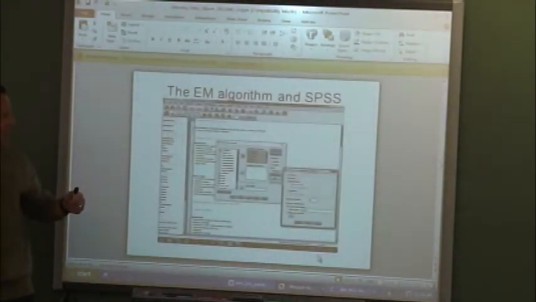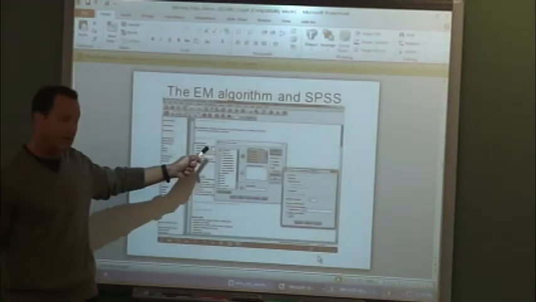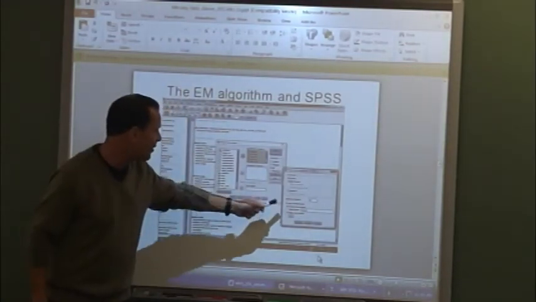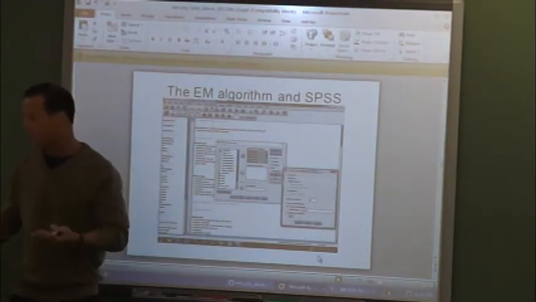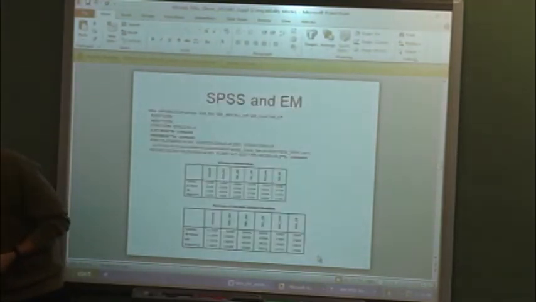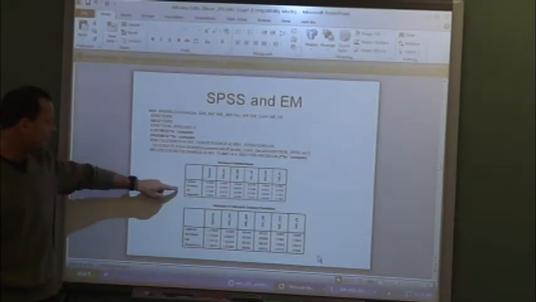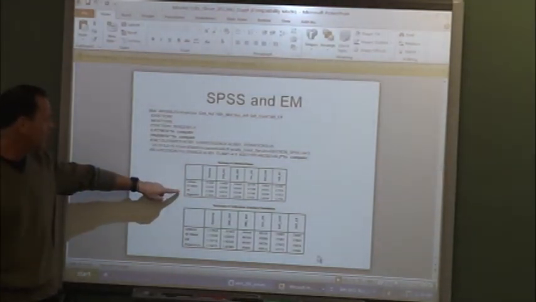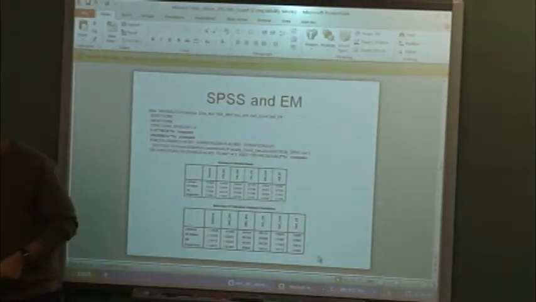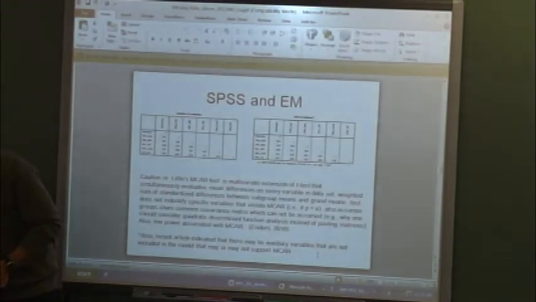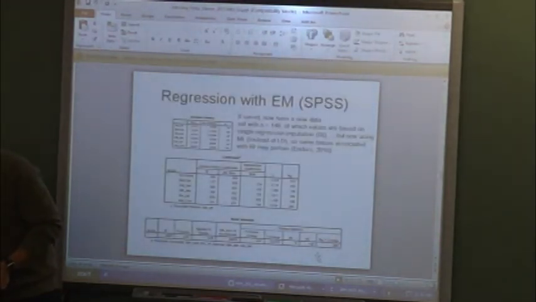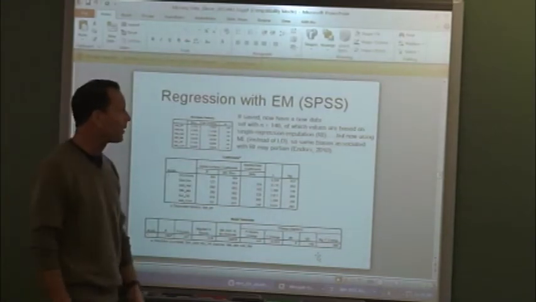SPSS, though, does have a missing value analysis. It's got the EM algorithm, and you can save a database. And literally, everybody, the database will have, here's list-wise, pairwise, we'll have all 146 people in there. You can save the database, and it'll impute the values for 146, but there's a problem.